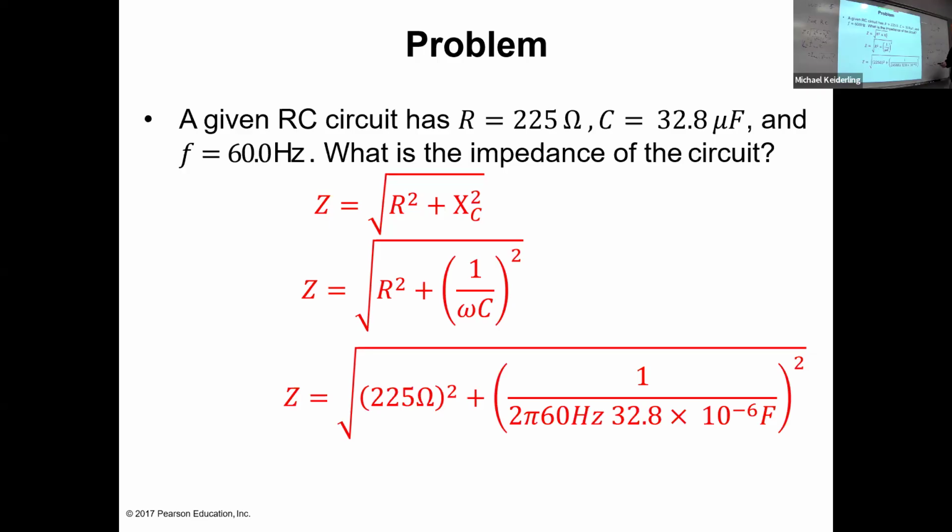So 225 ohms squared plus (1 over 2 pi times 60 hertz times 32.8 times 10 to the minus 6 farads) squared, which comes out to 239 ohms.